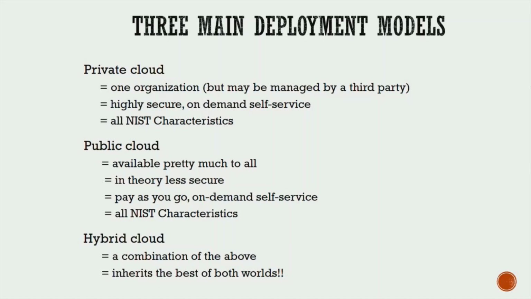So according to NIST, we have 3 main deployment models for your cloud application. First one is private cloud. For example, our department, School of Computing, has a private cloud in this building. What I mean by that is they have a few server racks on which they have installed some virtualization engine, and on those they offer you services like Nest, Blackboard, and others.